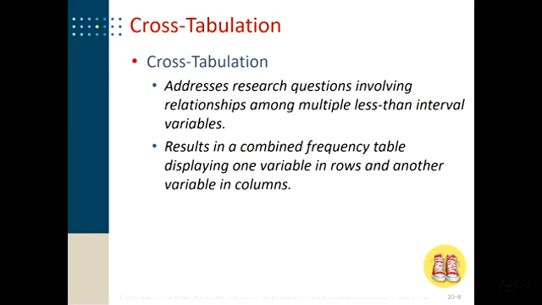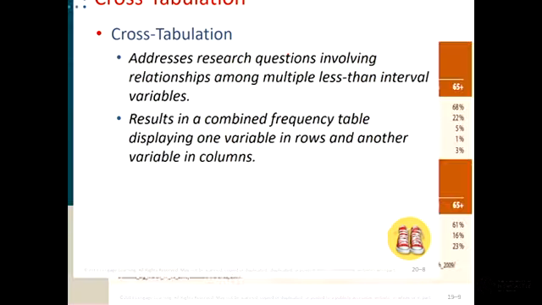Again, I say, if you have two variables and they are nominal or ordinal, then cross tabulation will be the best way to represent the descriptive analysis. So in cross tabulation, we will have one variable in the row, one variable in the column, and we will show the relationship between these two variables. Okay? Look at this example.